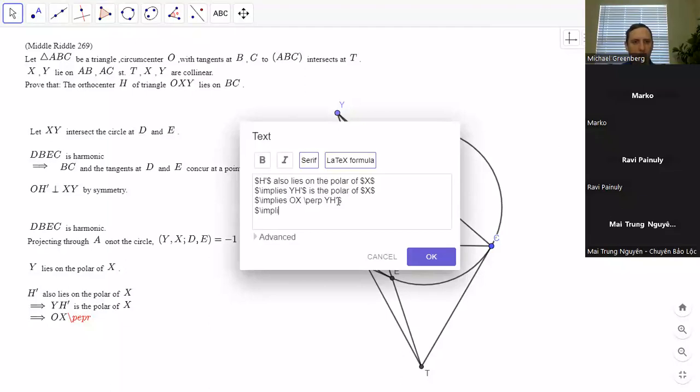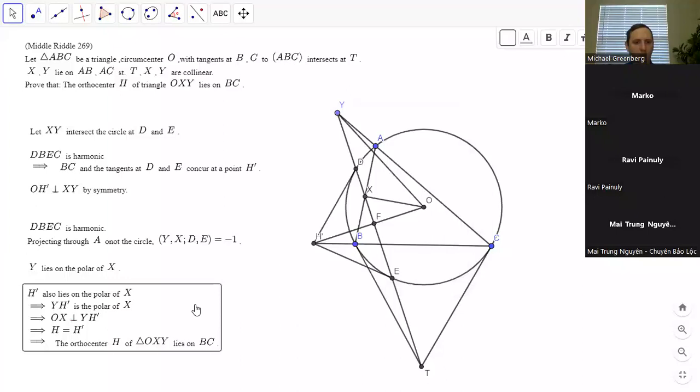And that means that H equals H prime, which means that the orthocenter H of OXY lies on BC. All right, so I'm going to move on to the next one.